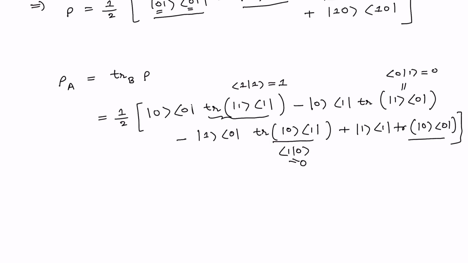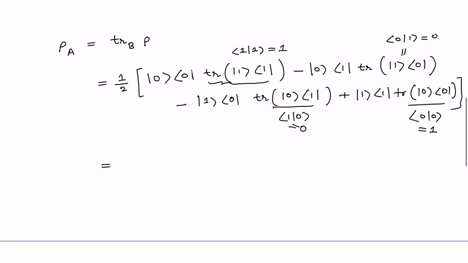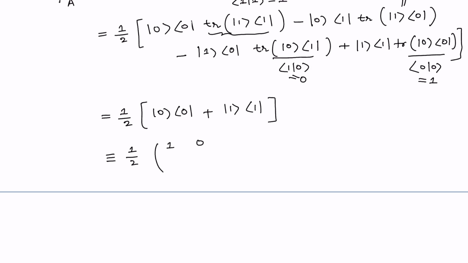And finally this term would be scalar product 0 0, and that is normalized, so it is equal to 1. So we'll be left with 1/2 times ket 0 bra 0 plus ket 1 bra 1. That's the reduced density matrix for the subsystem A, and I can write this in matrix form like this: 1/2 times the matrix 1 0 0 1, right?